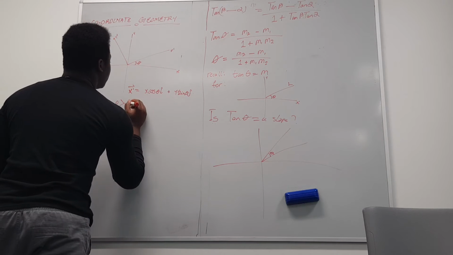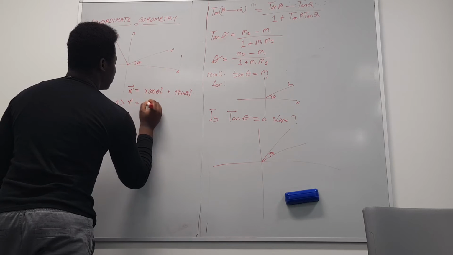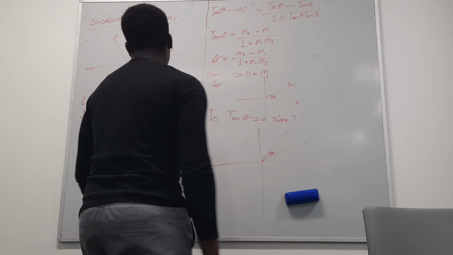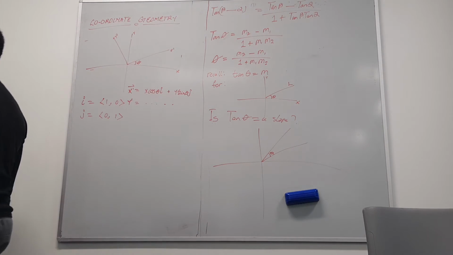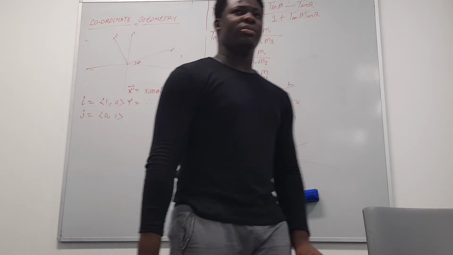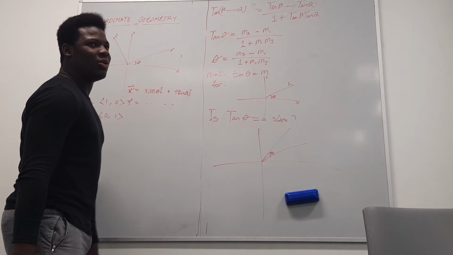And, well, what is y prime though? It's equal to something. I don't know what that is, but let me see if I can figure that out. From plane geometry... I just remembered something. Maybe I'll do plane geometry, it's a whole thing on its own.